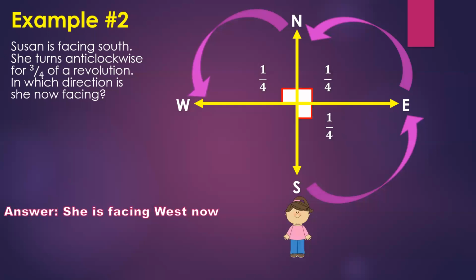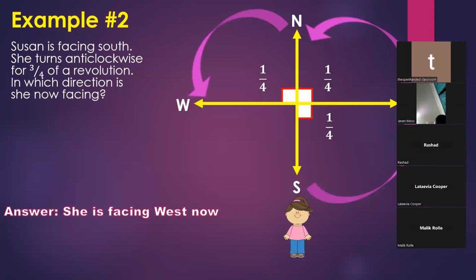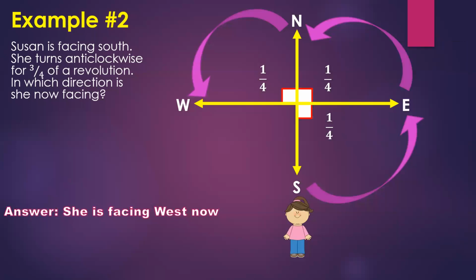I counted south, east, and then east to north. Okay. Why do we go from south to east?